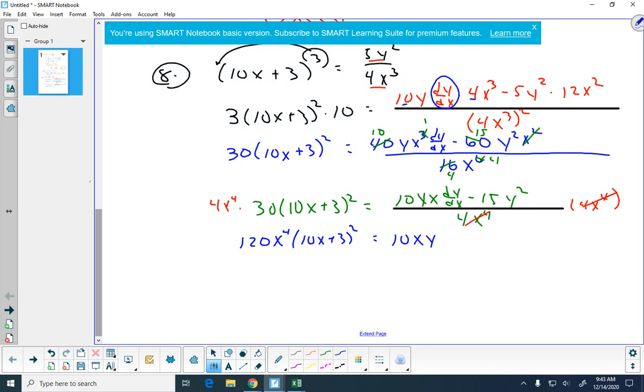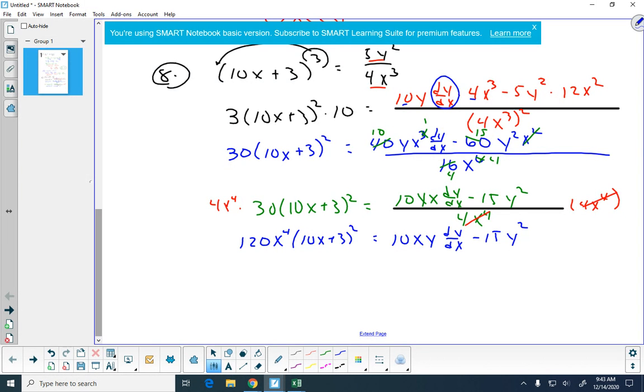I'm going to switch those around: xy dy/dx minus 15y squared. Next thing, we can get rid of the 15y squared by adding that to both sides.